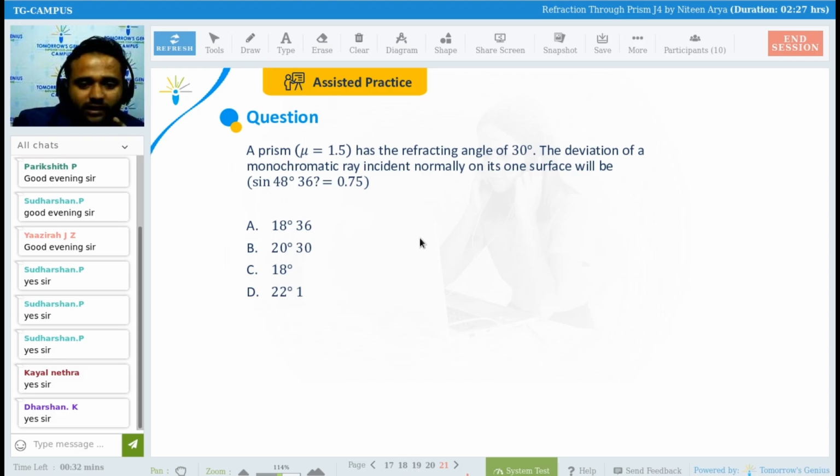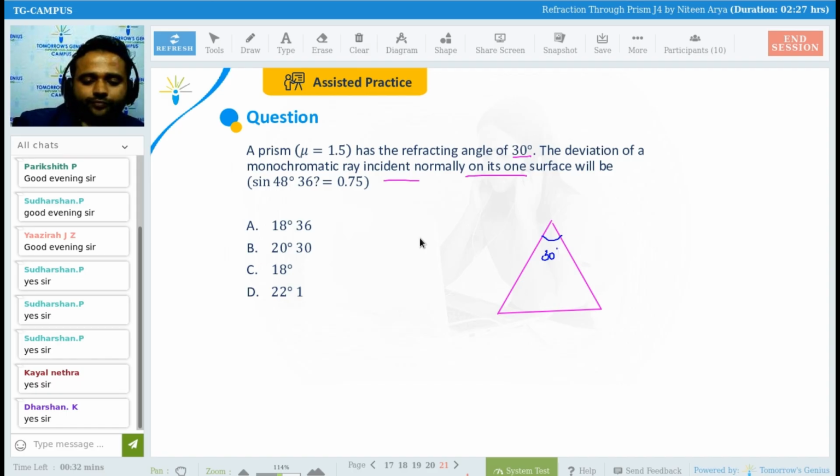One more hint I can give you. As you can read this twice, a prism with mu as refractive index, refracting angle of 30 degree. The deviation of a monochromatic ray incident normally on its one surface. This is my prism, and that is your 30 degree.